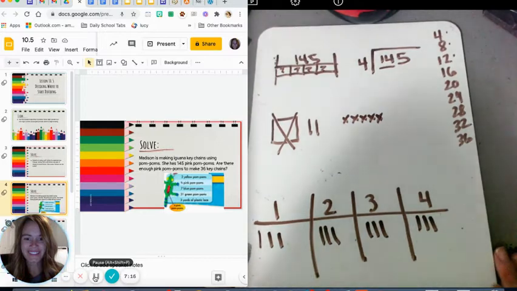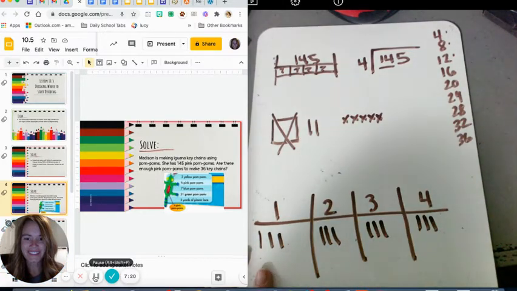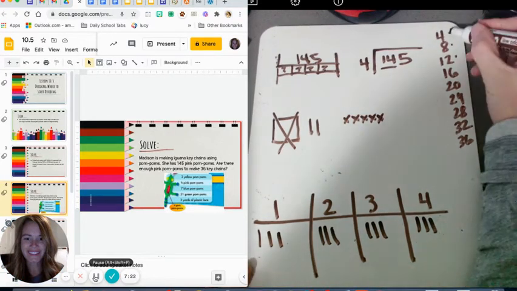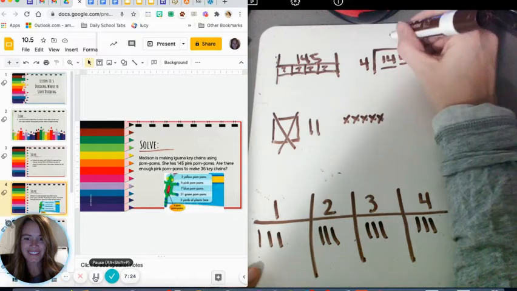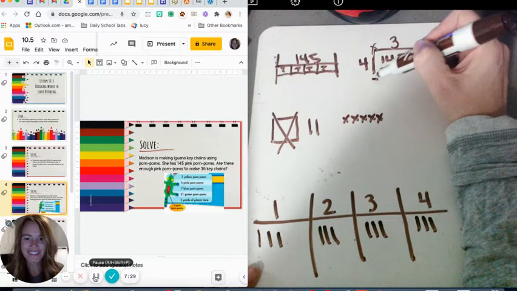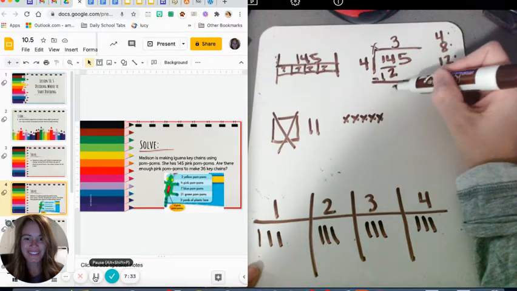So if we look at this, I couldn't go another 10 because I only have 2 left. So what happened here is I know that each group got 3 tens, and I know that 4 times 3 is 12, so I subtract away 12, leaving me with 2 tens.